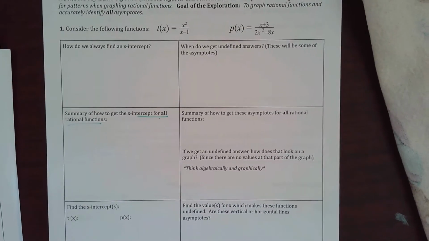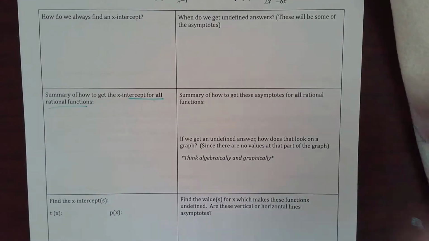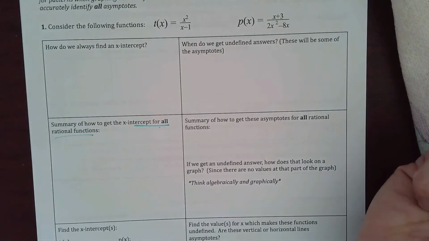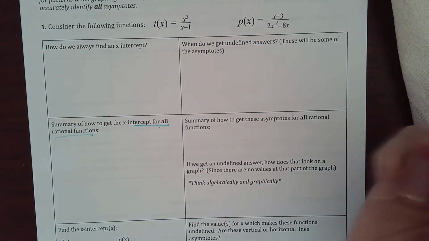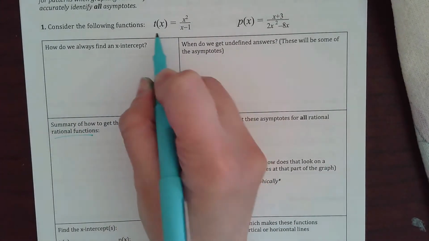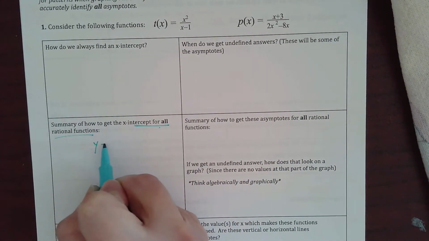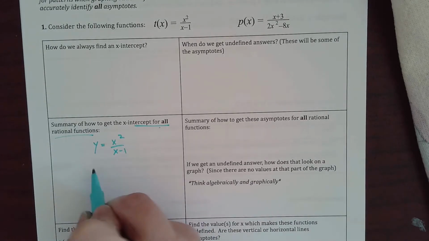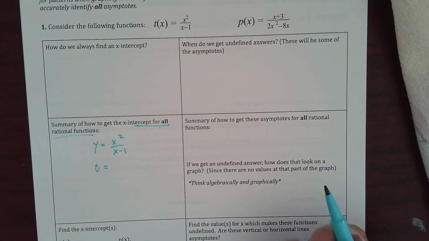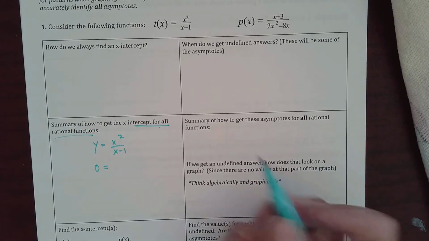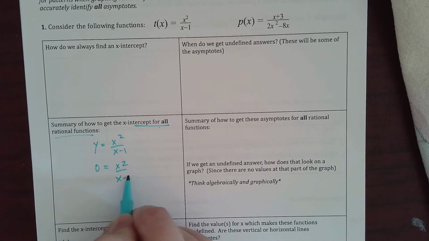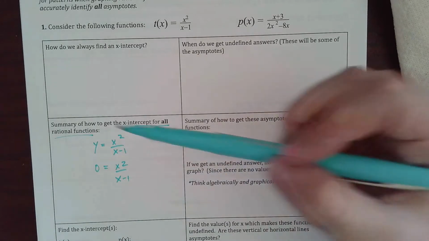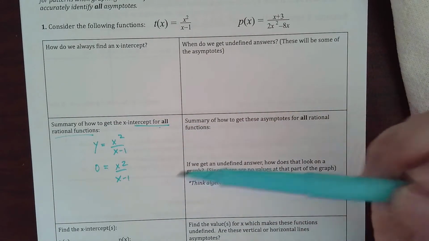This goes back to the concept of how to find an x-intercept in general. An x-intercept is when y is 0. If I have this function written in function notation, I can change it into non-function notation. If I wanted to find an x-intercept, I would set y equal to 0. That would be my process. So this is in general what you're doing.